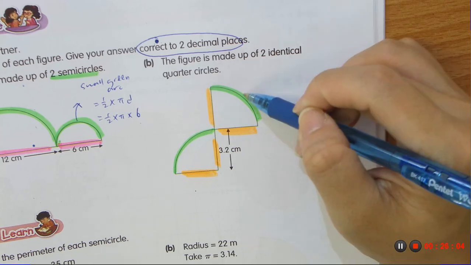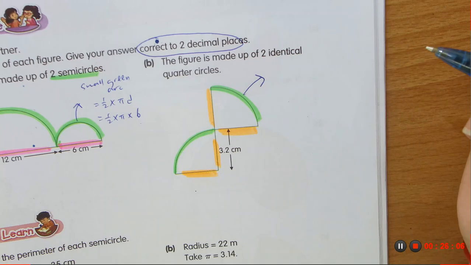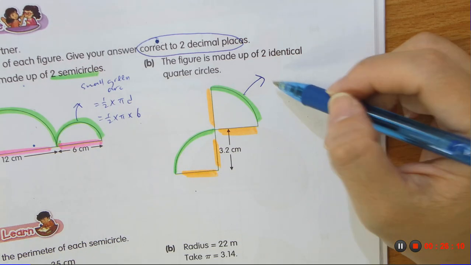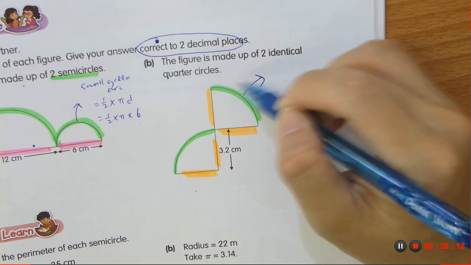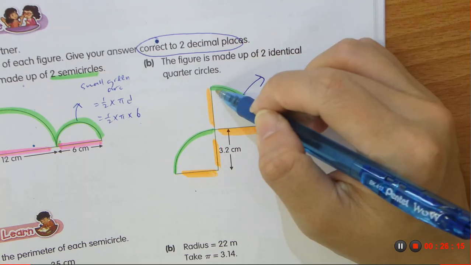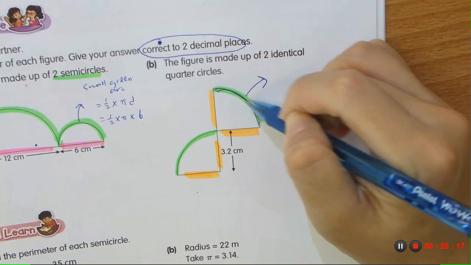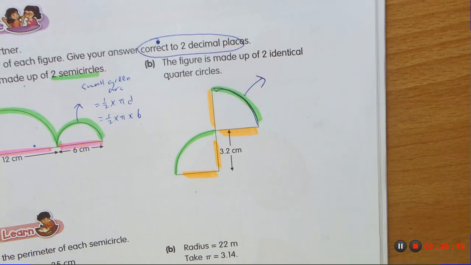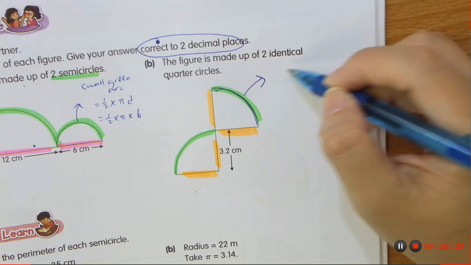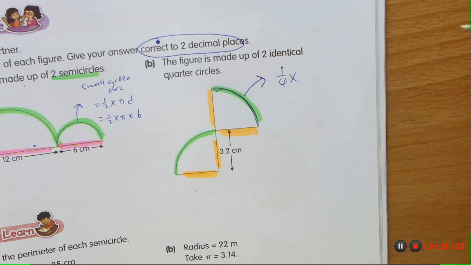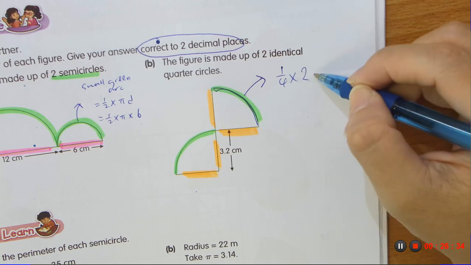If I find the small quarter circle here, what would this be? Let's find the quarter circle arc here, this one that I highlighted in green. What is the formula? Quarter times 2 pi r.